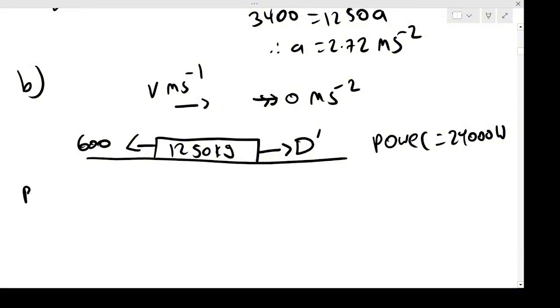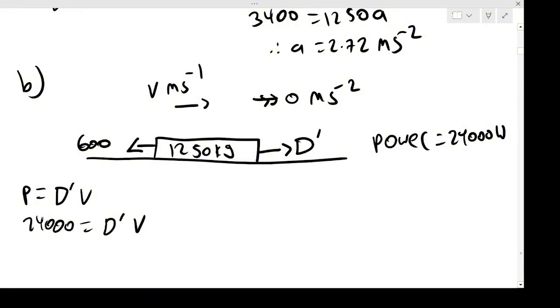Power is driving force times speed, so it's D dash times my speed v. My power is 24,000, so 24,000 equals D dash v.